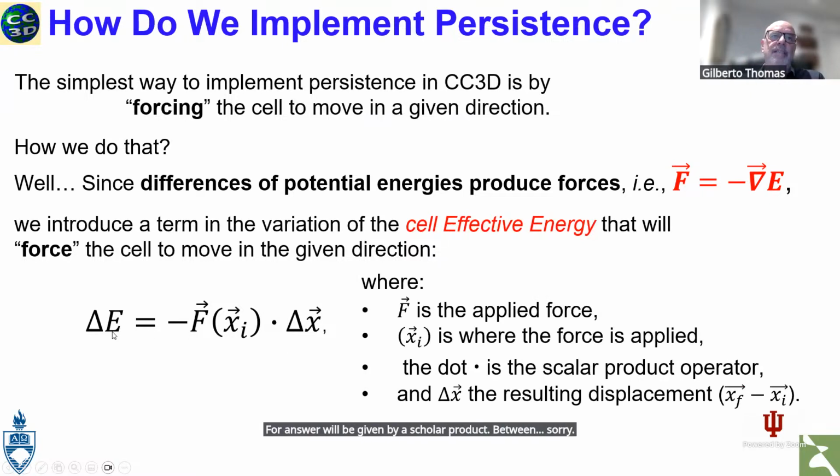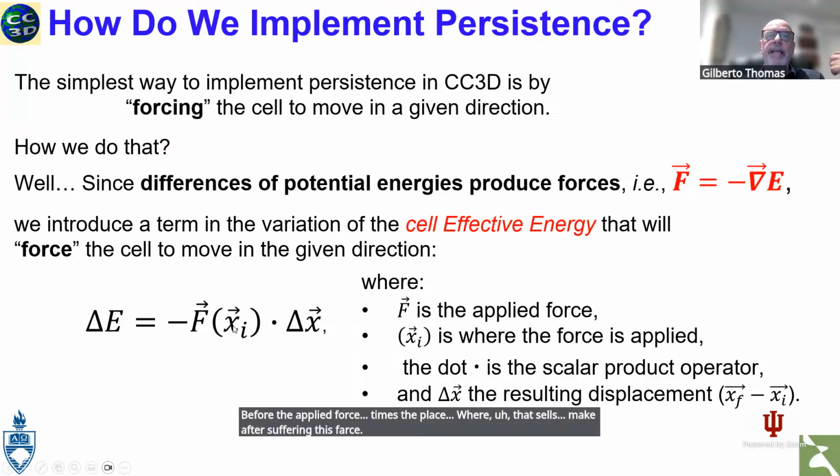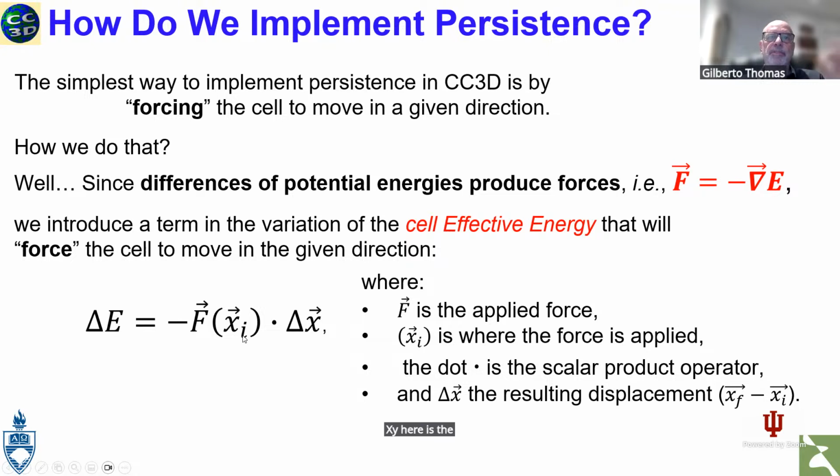The energy will be given by the scalar product of the applied force times the displacement that the cell makes after suffering this force. XY here is the position where the force is applied. In general, we can think that the force is applied at the center of mass of the cell.